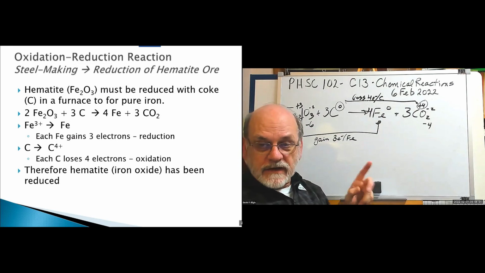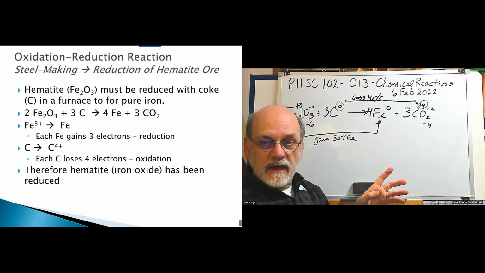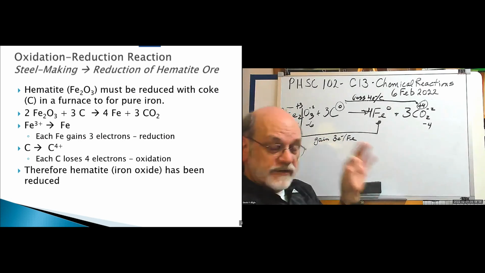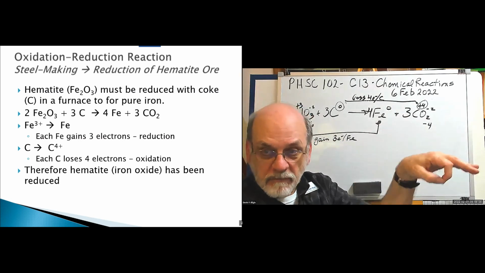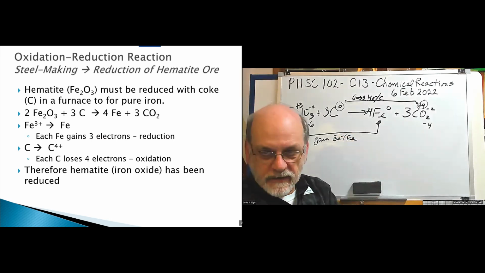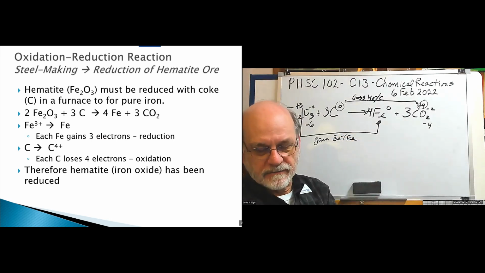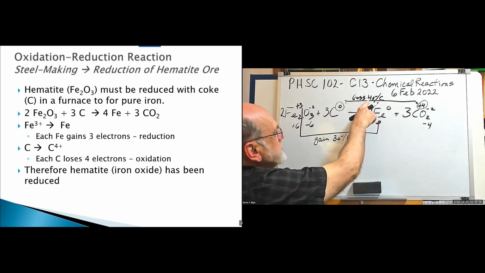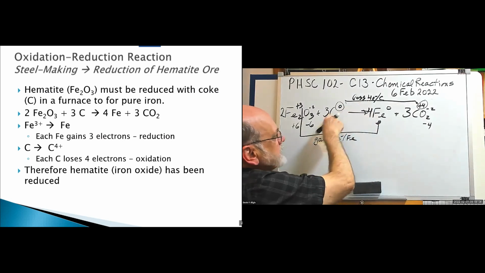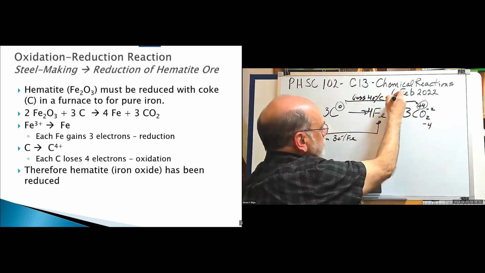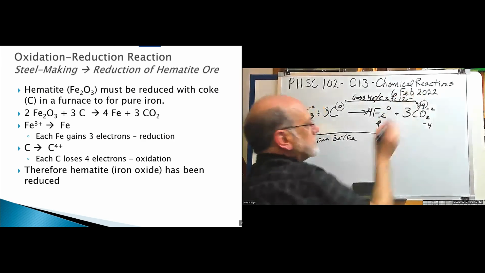Another characteristic of oxidation reduction reactions is the number of electrons transferred in the oxidation step must equal the number transferred in the reduction step. So if we've got 4 electrons here, per carbon, we actually have 3 times 3 equals 12 electrons transferred.